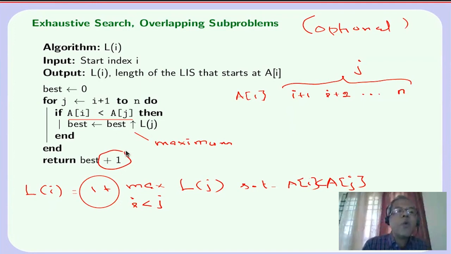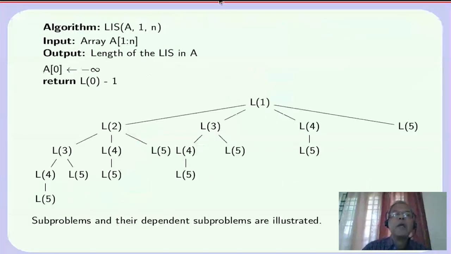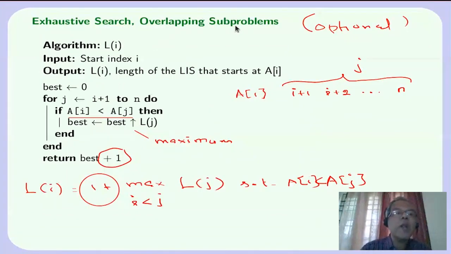The recurrence was blindly, simplistically translated into an exhaustive search algorithm. What is wrong with this algorithm? By the way, this calculates the length of the LIS.